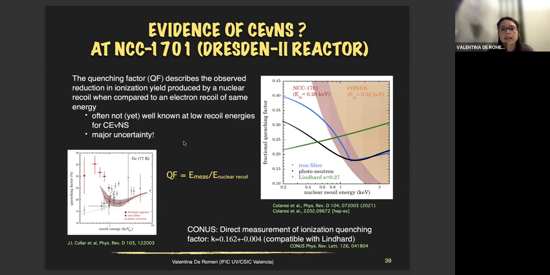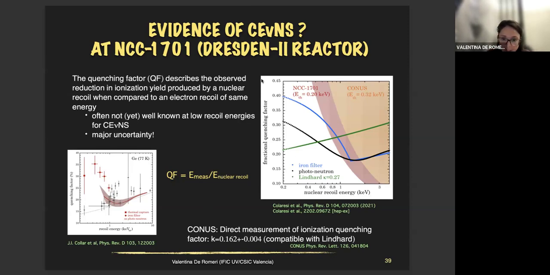Basically, this quantity tells us that not all the nuclear recoil energy is in a readable format. So the quenching factor is defined as a ratio between the measured recoil energy and the theoretical expected nuclear recoil energy. So it's a factor that basically reduces the energy that we are capable to observe.